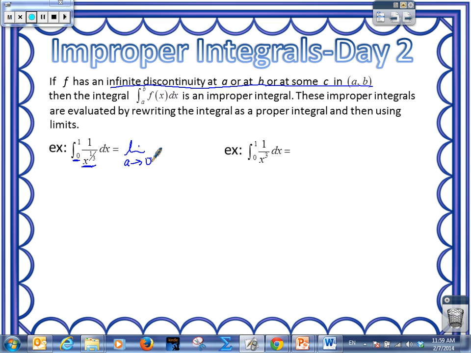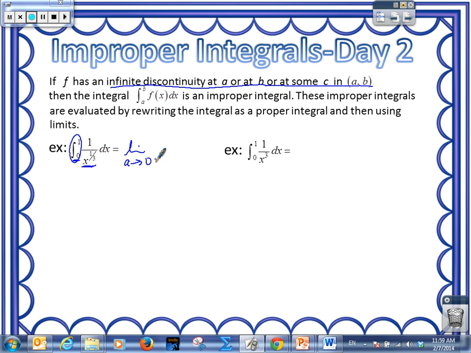The interval that I'm interested in is between 0 and 1. That's the interval that we're camping in, okay? Am I going to be approaching 0 from the right or the left? From the right, because that's where we're interested. We're not interested in the left. We're not even messing with the left.